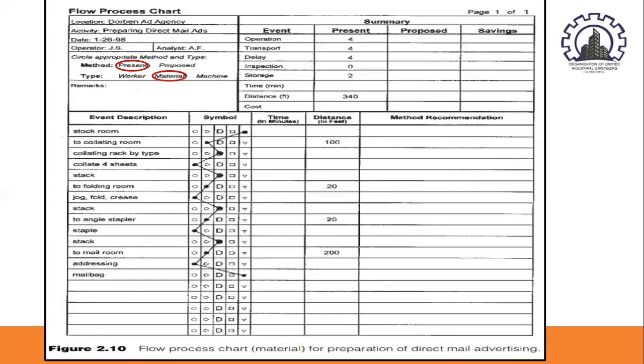So in this case, after you have identified all the symbols from each event description, you need to go to the summary part. Since this is a present method, you need to get the total time for each event. For operation, how many operations do we have? We have collate 4 sheets, jog, fold, and crease, staple, and addressing.